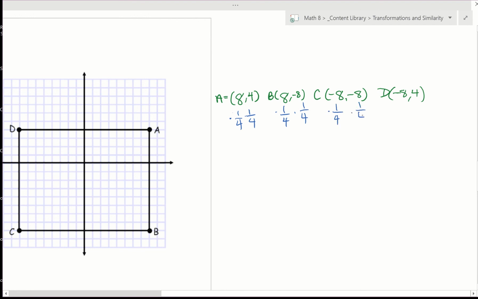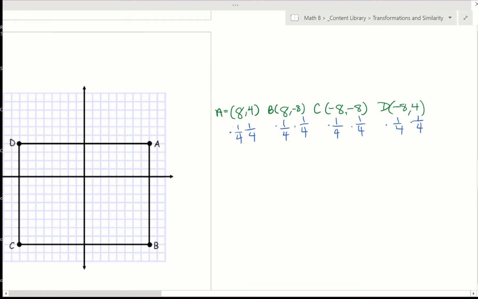And if we remember what it means to multiply by a fourth, so remember that multiplying by a fourth is the same as dividing by 4.